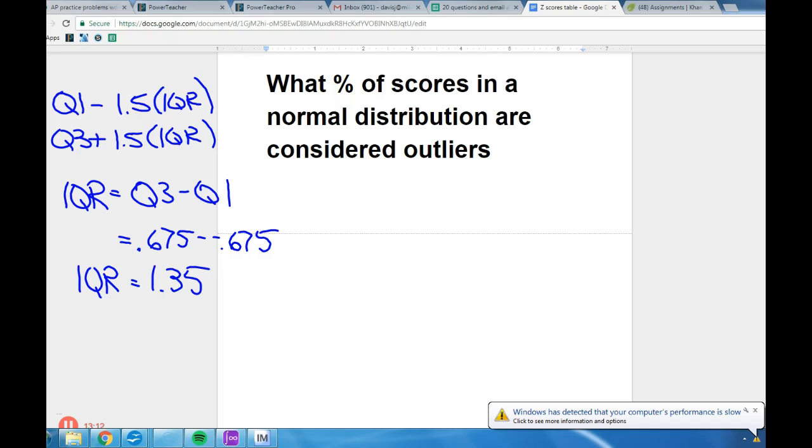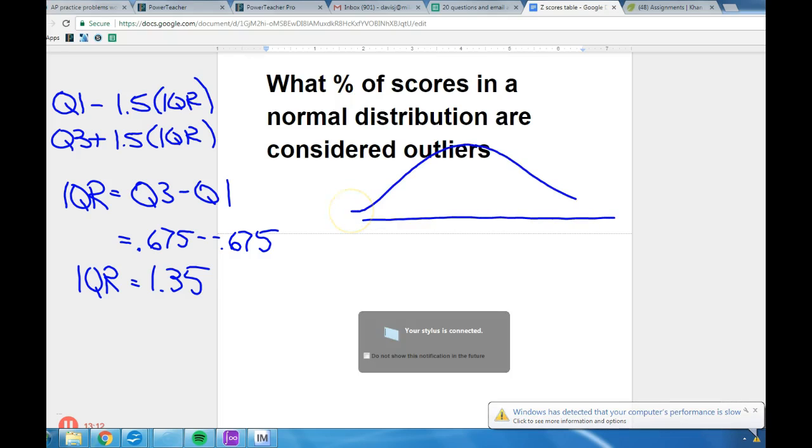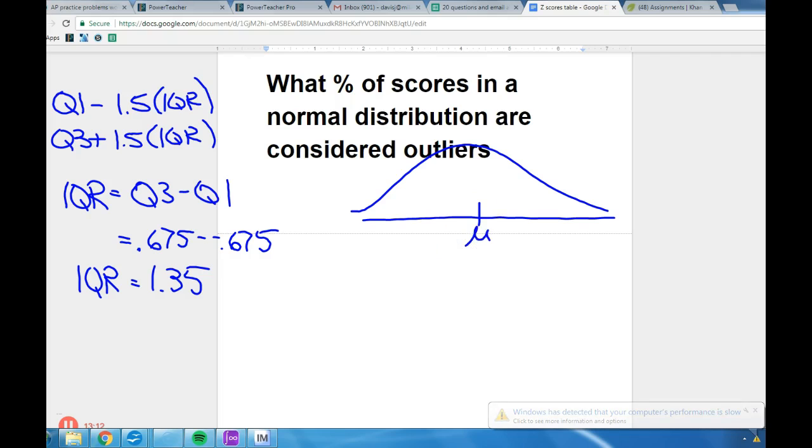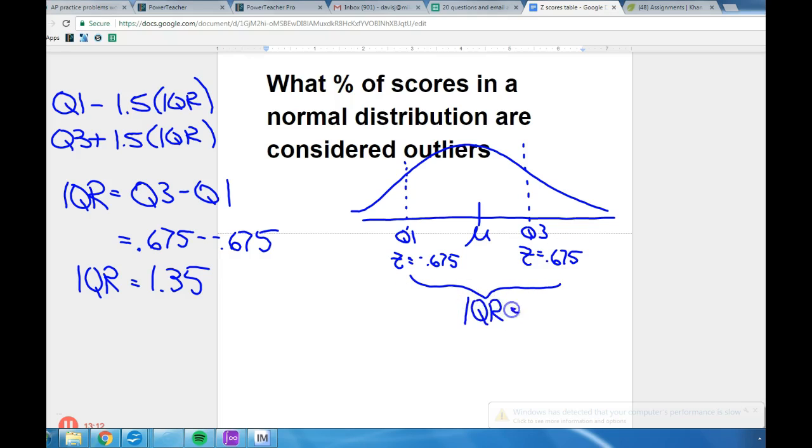If you find the percent below Q1 minus 1.5 IQR, then you can just double it. That's just like starting to sketch stuff out a little bit.